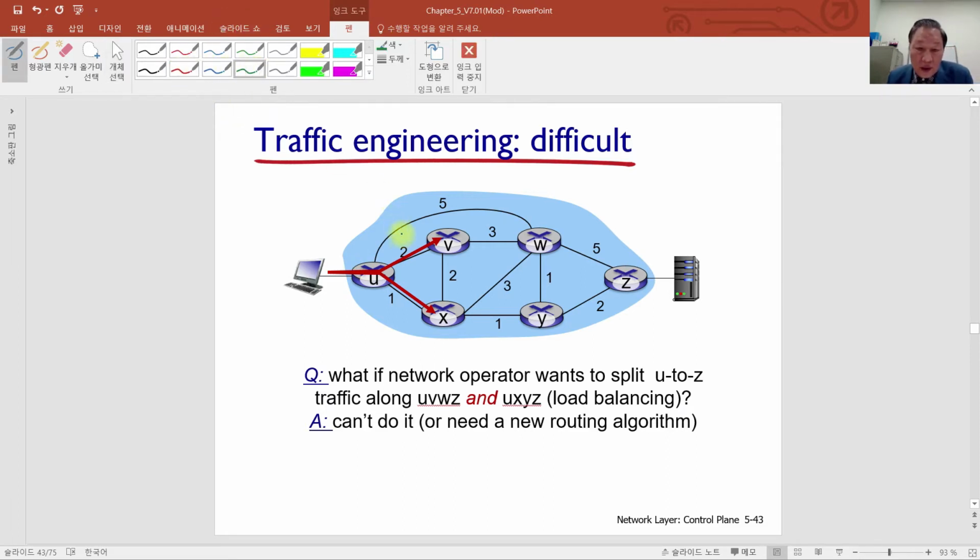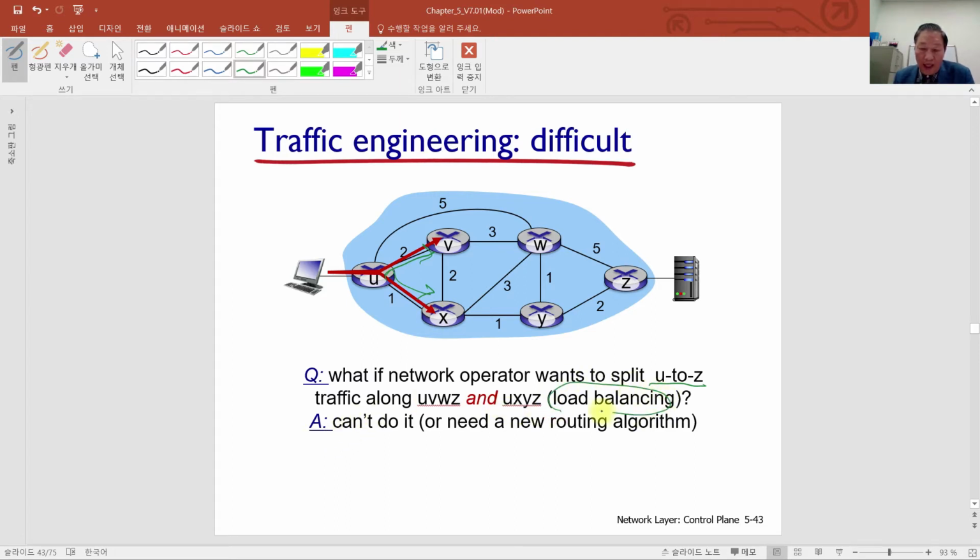I'll use this one. What if the network operator wants to split? In terms of traffic engineering, the traffic should be divided here. One part goes here, and another goes here in that stream direction. From U to Z, the destination is the same, but on the way we want to use two different routes in terms of traffic engineering, because we want to divide that traffic.